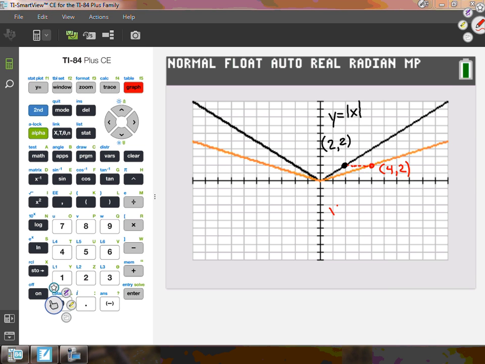So on y equals absolute value of 0.5x, the 0.5 is in here, affecting the input. I can think of it this way. My old input 2 has to be doubled to produce the same y value, because the 0.5 is cutting it in half. All right? So instead of putting in 2 to get me 2, I have to put in 4 to get me 2.